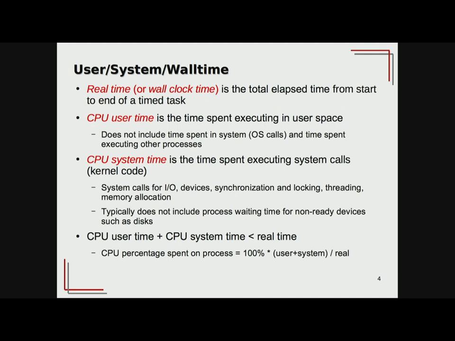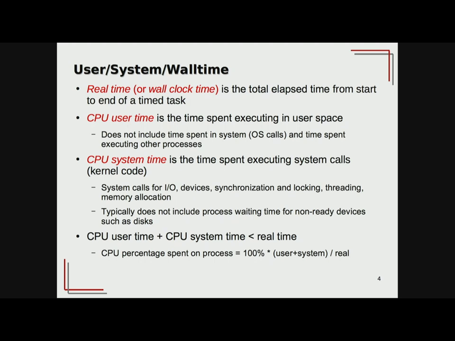I mentioned yesterday this about user, system and wall time. That is actually a way to check what's going on in your system. Real time is the total time elapsed from the start to the end of the task. CPU user time is the time spent executing in user space, and it does not include the time spent in operating system calls.